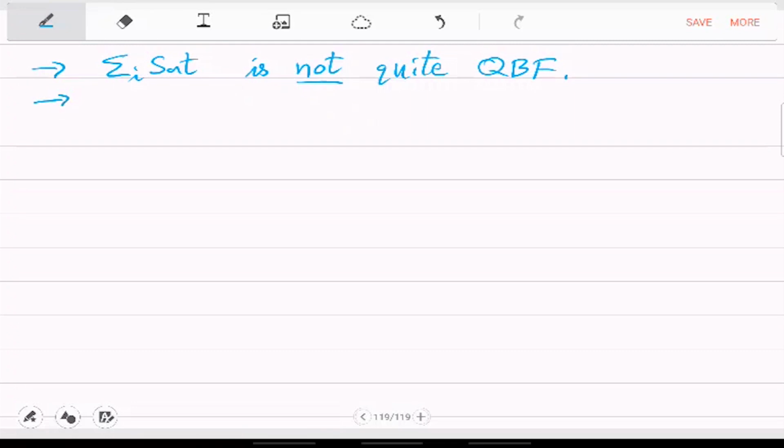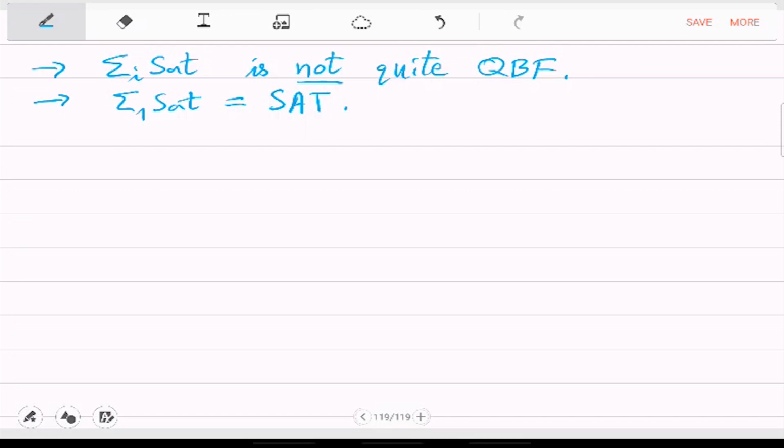And the second point is sigma 1 SAT is just the usual SAT, right? In sigma 1 basically all the variables are quantified with exists. So that's exactly the instance of SAT, a Boolean formula where there is a satisfying assignment.